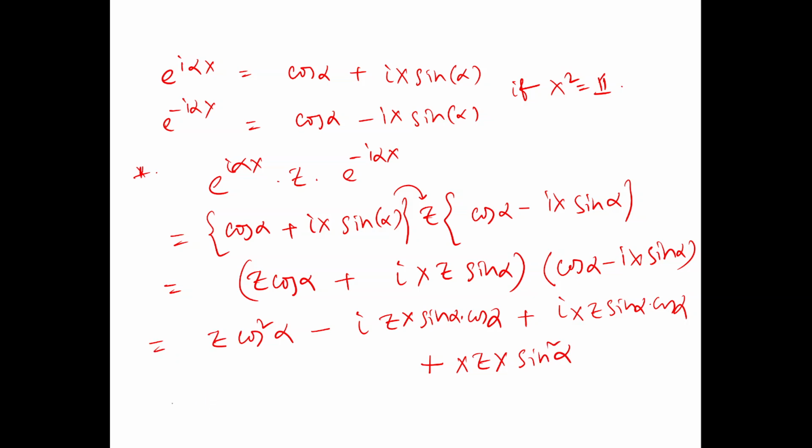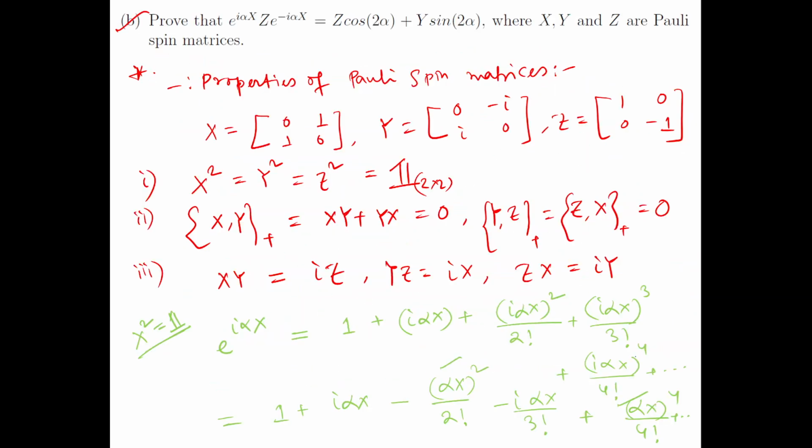Let's further simplify things. So how can you write this xzx, right? zx commutes with x, so it is nothing but xz from the second property.